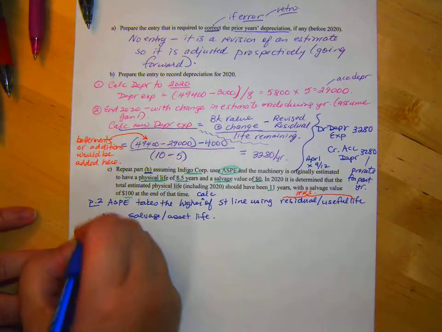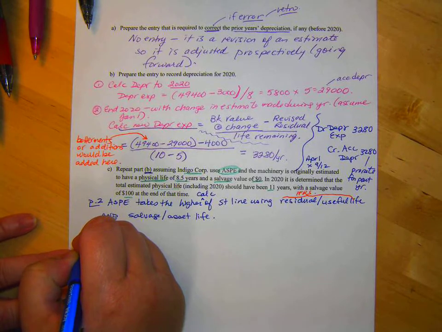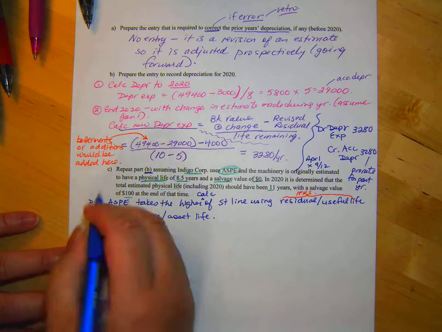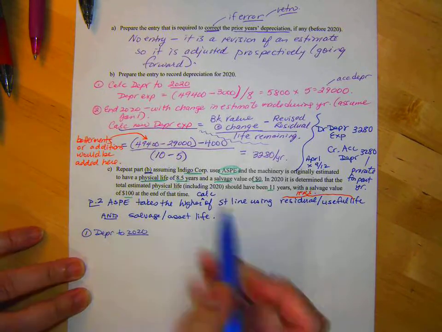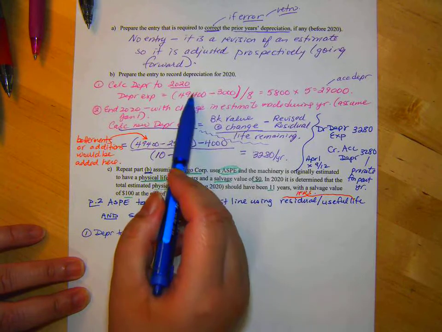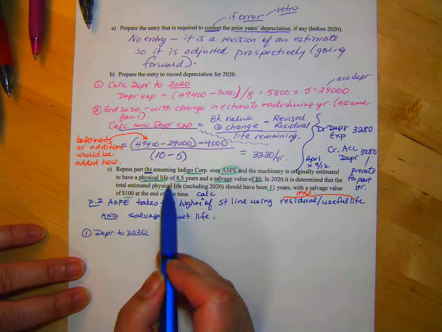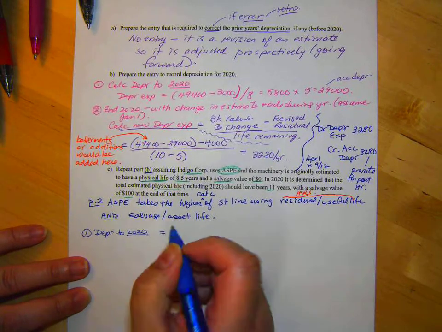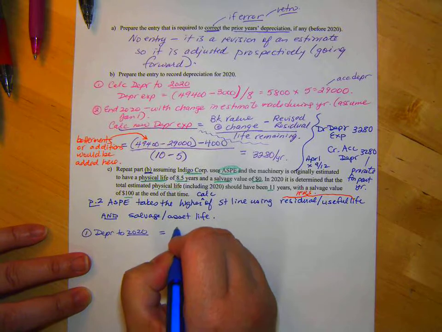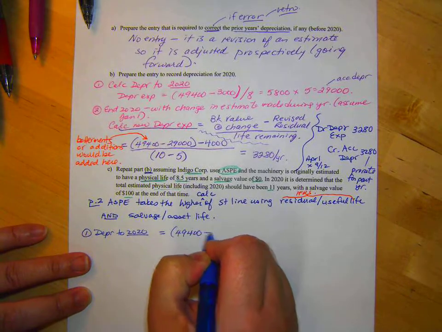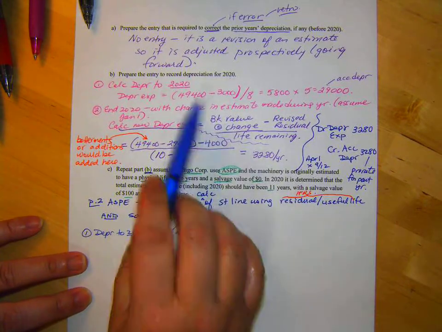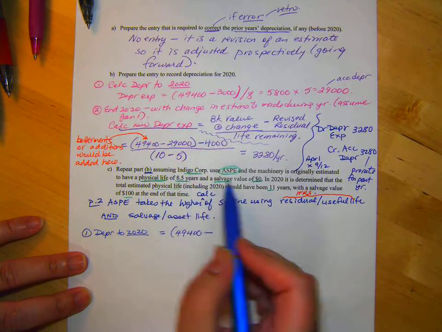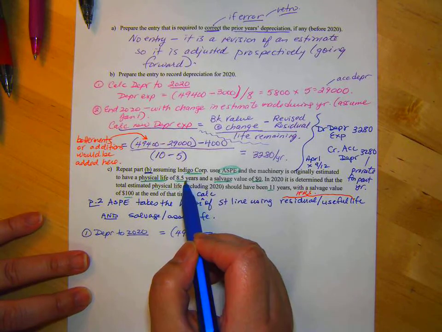So, original depreciation. Let's calculate depreciation to 20. We've already got a calculation up there for IFRS. Let's do ours and see how we compare. So it equals, well, the cost is the same, 49,400, and for ASPE, we've already got a calculation for residual and useful. Now we need one with salvage and asset life.